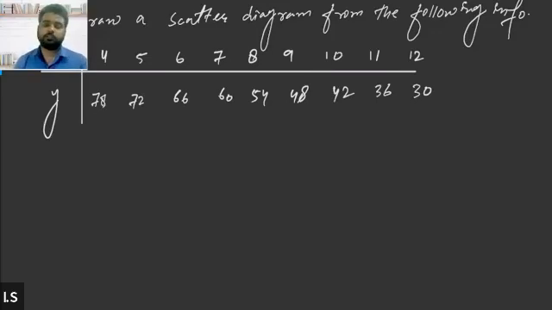Okay, so these are the two variables, and the values of the two variables are given. Using this information, we need to prepare the scatter diagram. Have you noted this down?